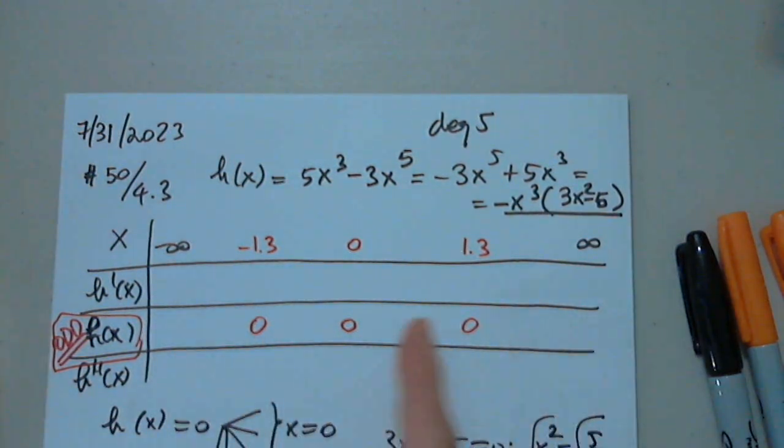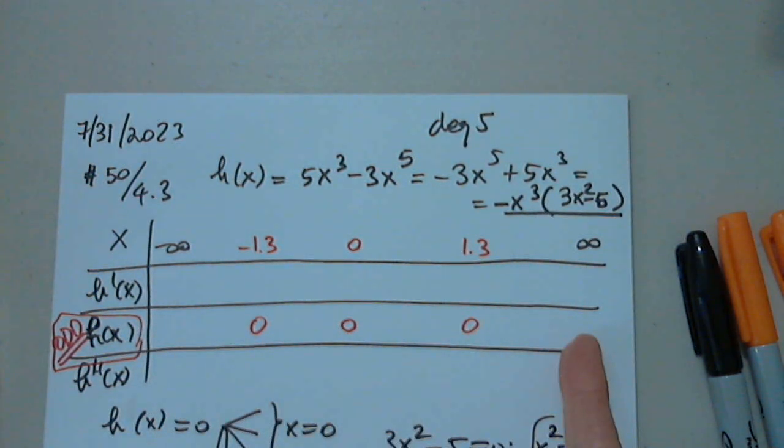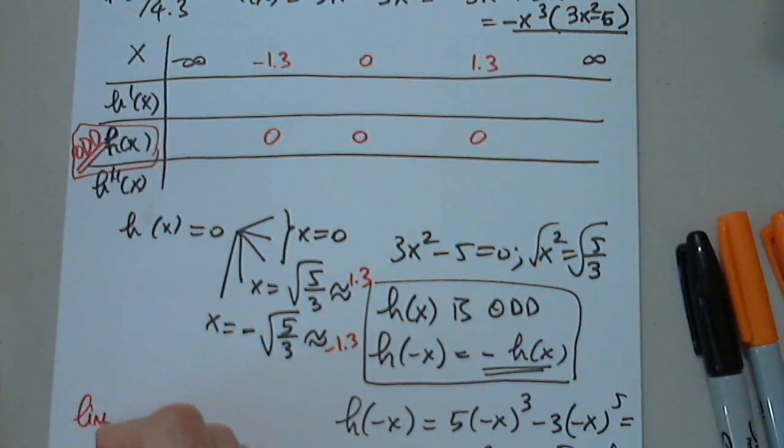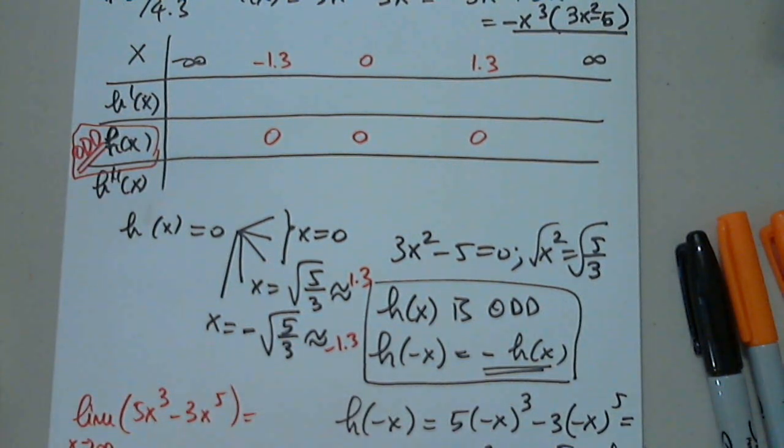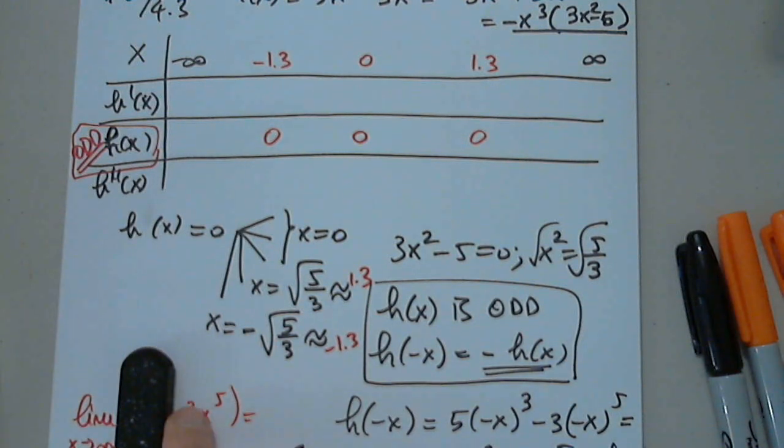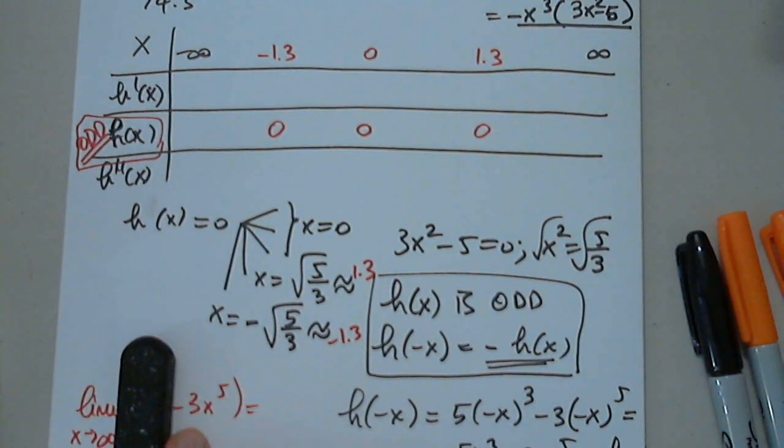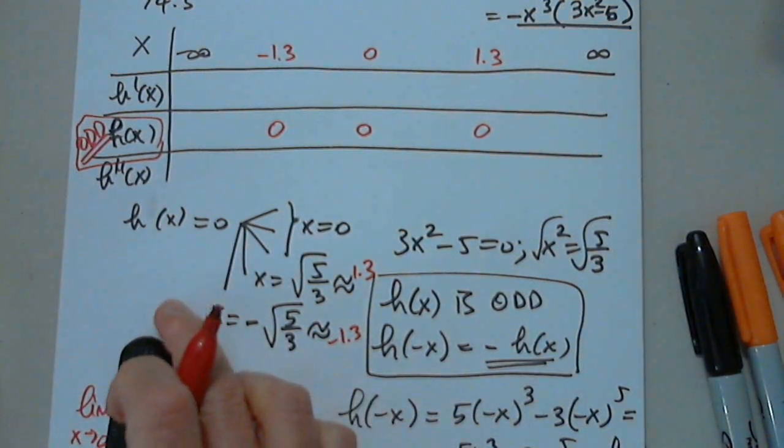And I need to find the limits. The limit of 5x to the third minus 3x to the fifth when x approaches infinity. This is the most powerful term. It has a negative in front, so infinity to the fifth power with minus in front must be negative infinity.